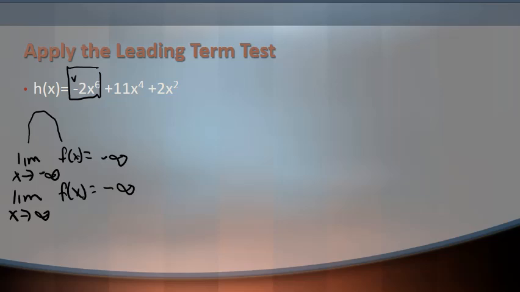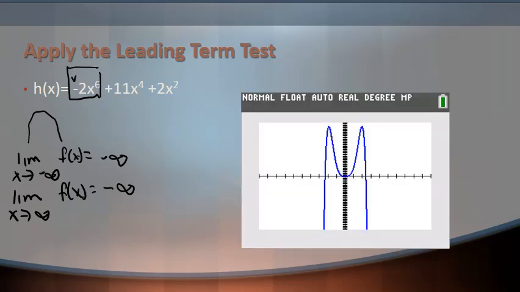Let's take a look at the graph of this function. I've set my window settings so we could see some of these jogs just for the fun of it, because it's going to give us an idea of what we're looking at in the next lesson.